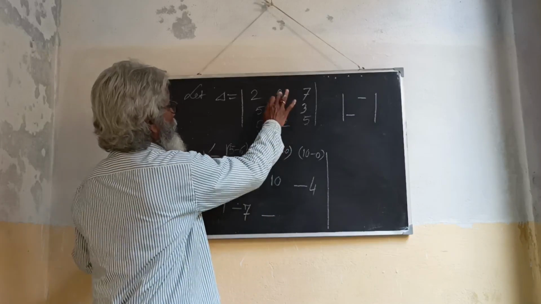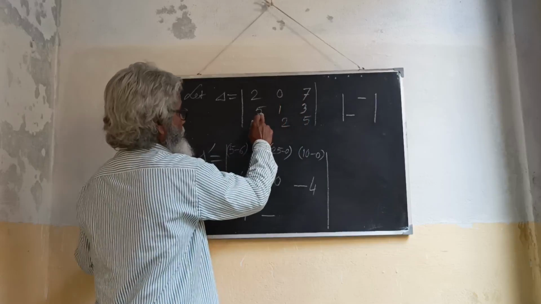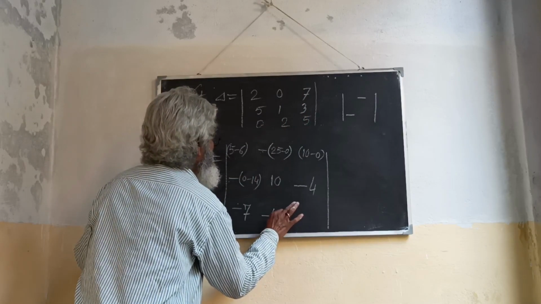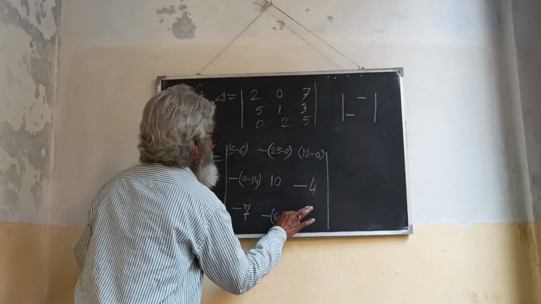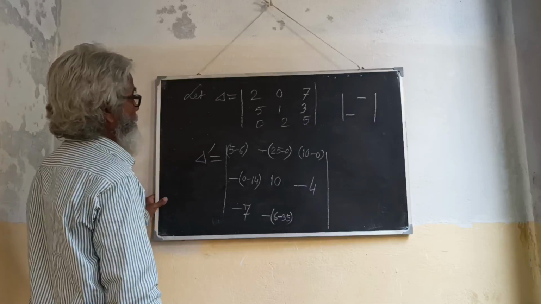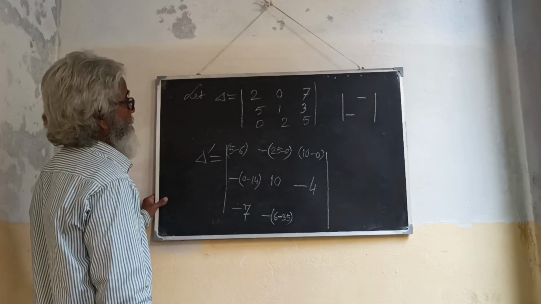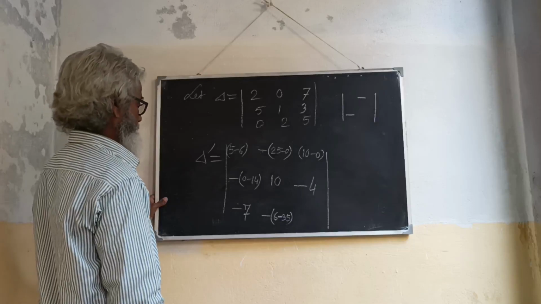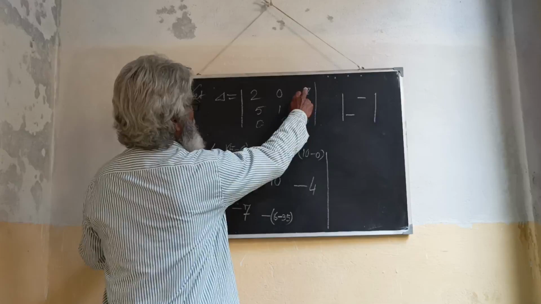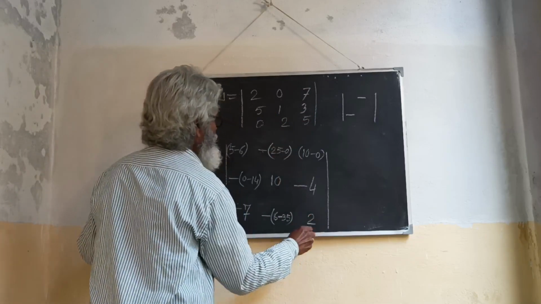For 2, omit this, 6 minus 35, so you write here 6 minus 35. For 5, omit this, 2 minus 0, you write it 2.